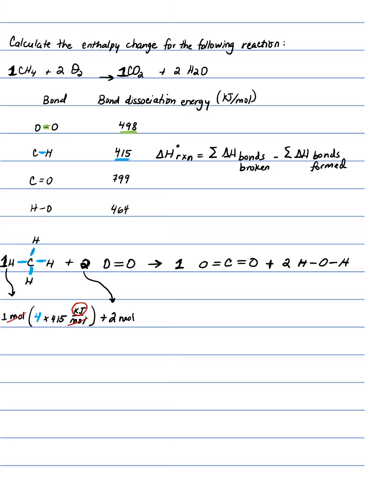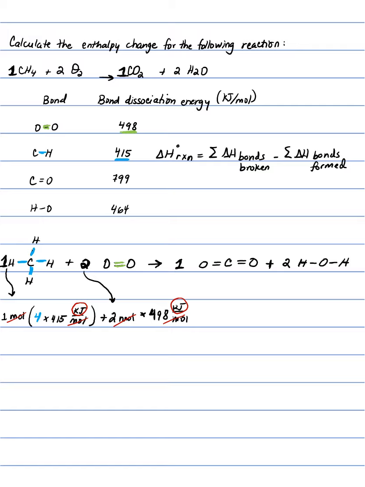So you have 2 times 498, because there's just 1 double bond, right? It's just 1 right here, times 2 moles. That will give you 2 times 498. And this 498 has units of kilojoules per mole. Moles cancel out, and you get a number in kilojoules.